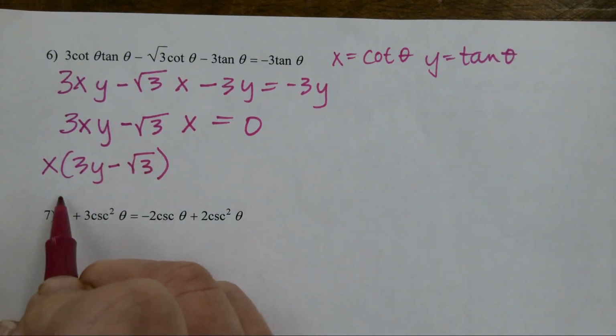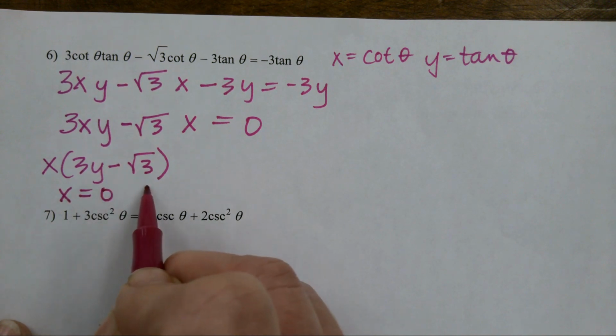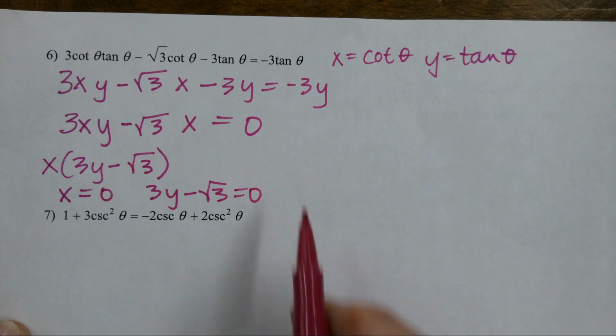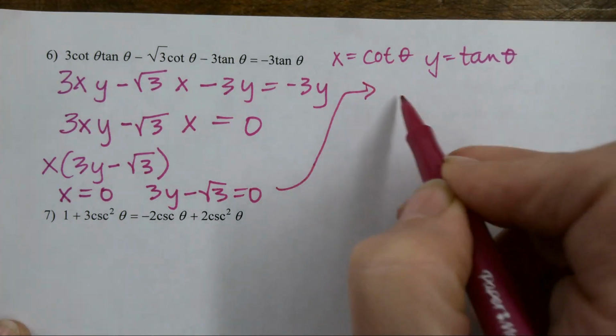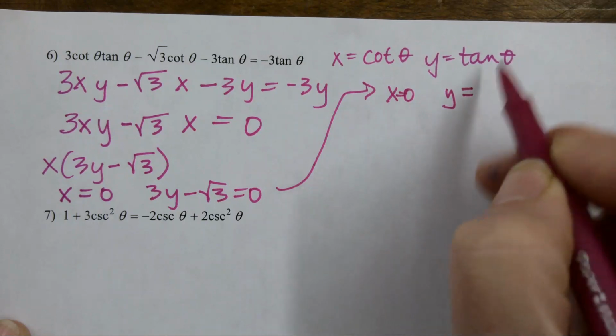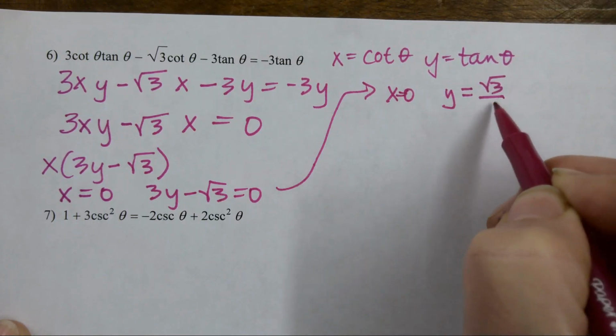Set your factors equal to 0. And solve. So x is 0, that was an easy one. And y is add the square root of 3, divide by 3.